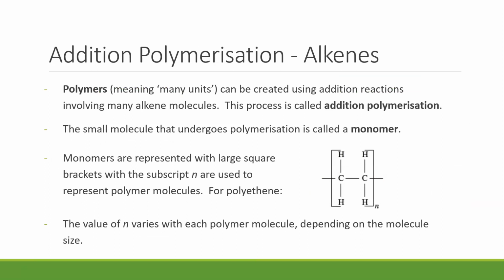Okay, and this should definitely be a revision from year 11. We don't need to know as much about polymers as we did in year 11. We do need to be able to draw monomers from polymers and polymers from monomers. Remembering polymers are many, many carbons long. They can be hundreds of carbons long. We only cover at this stage addition polymerization, so all the monomer goes into the following polymer.